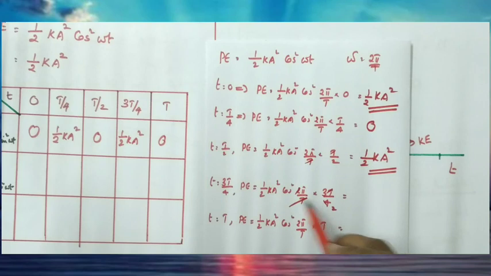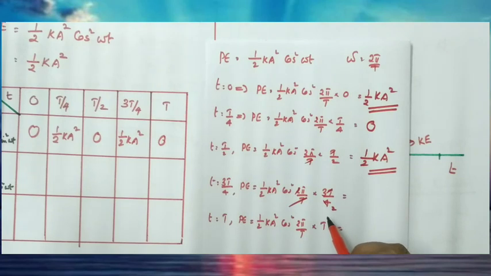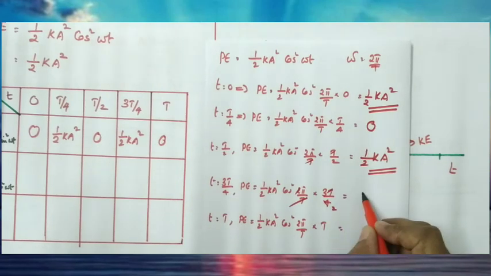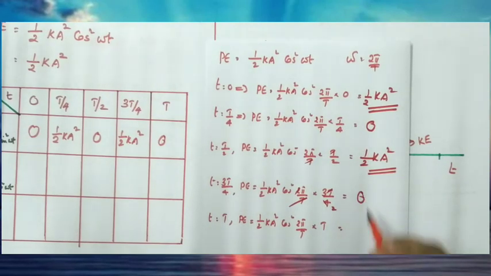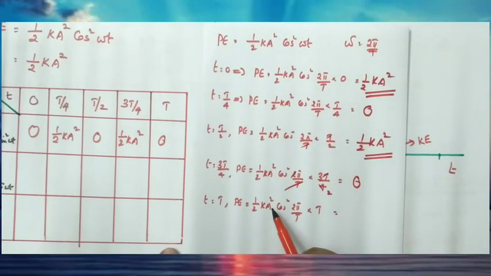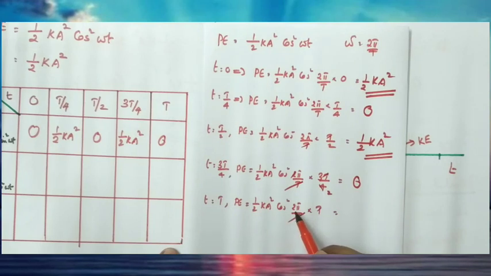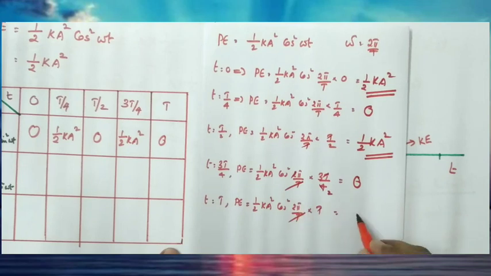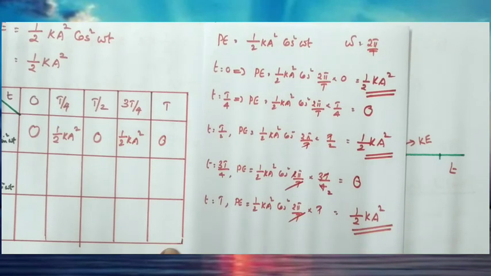Here T gets cancelled, 2 and 2 get cancelled, so the answer is cos square 3 pi by 2. So here it is again 0. Now when t is equal to capital T, potential energy is half k a square into cos square 2 pi by T into T. Here T gets cancelled, cos 2 pi is 1. So the answer is potential energy is half k a square.